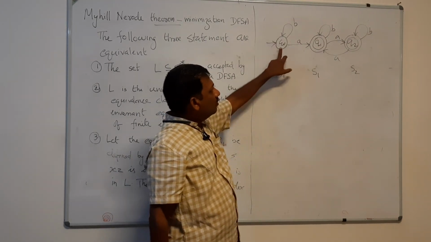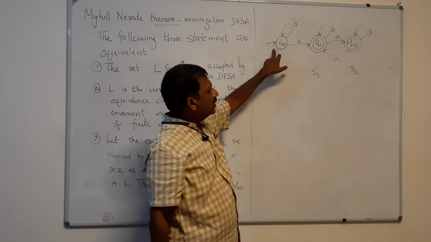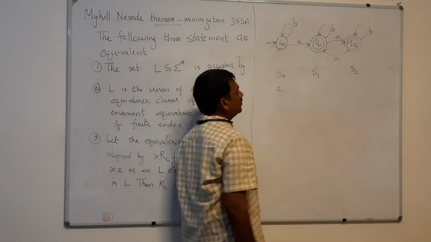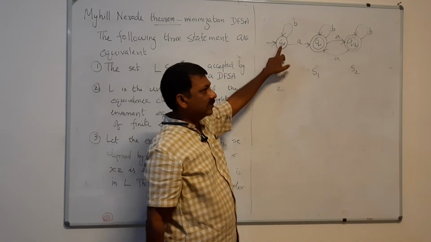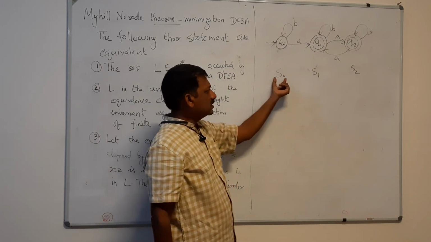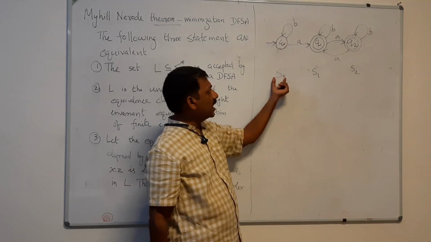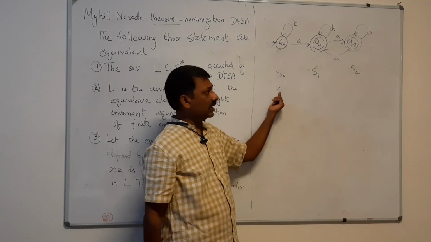From the start state we are going to have, say, epsilon. On accepting epsilon, it stays in the same state. So the equivalence class represented by S0 has epsilon as an input string.